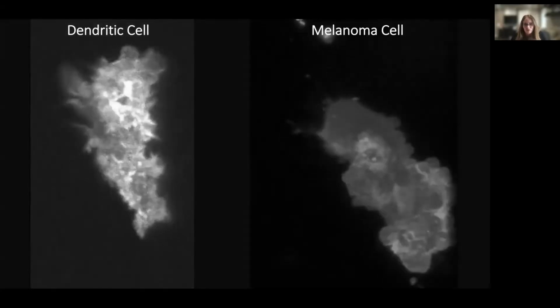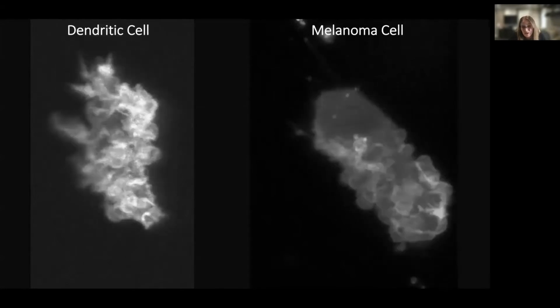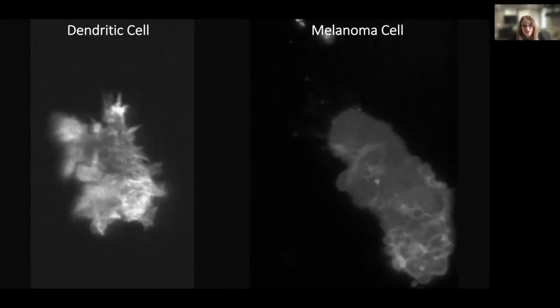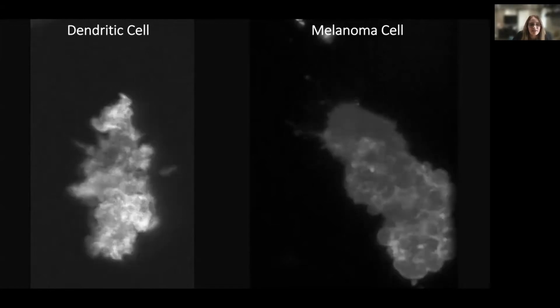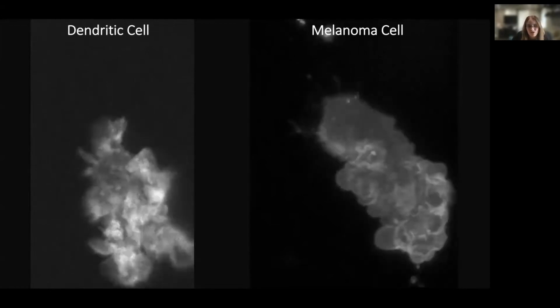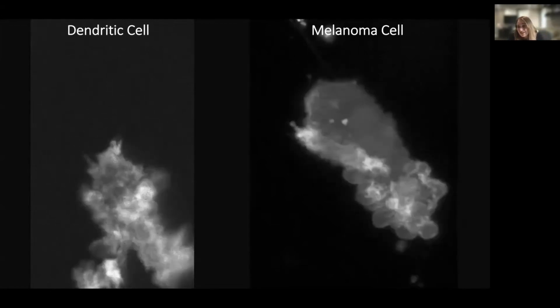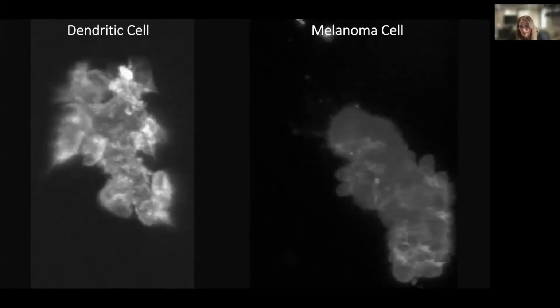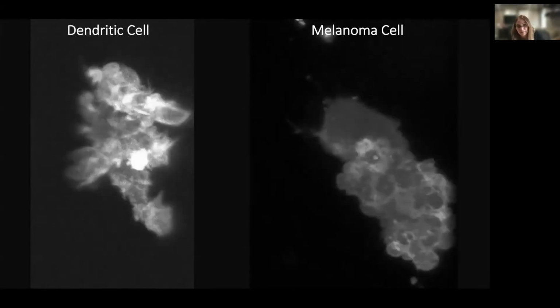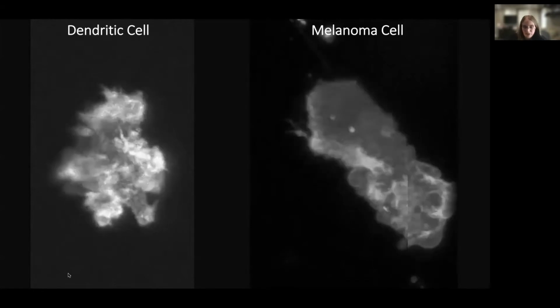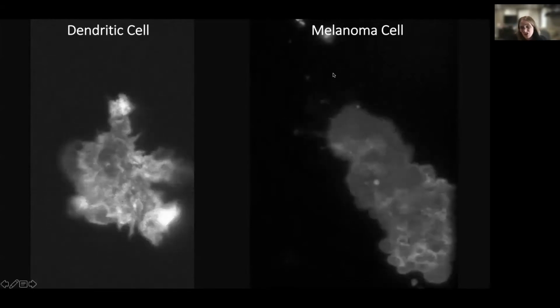When we look at them move, they are both very fast. Dendritic cells extend and retract each lamellipodial sheet about every 40 seconds, and a melanoma cell will extend and retract a bleb about every 20 seconds. So the dendritic cells are moving quickly, and the melanoma cells change shape quickly.